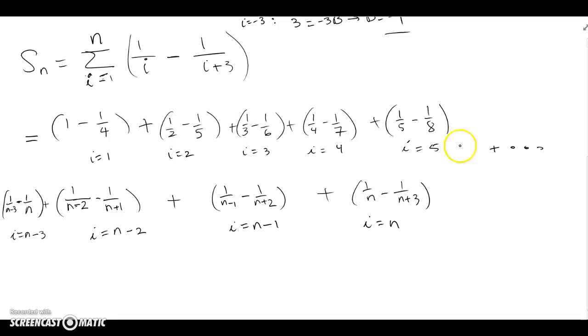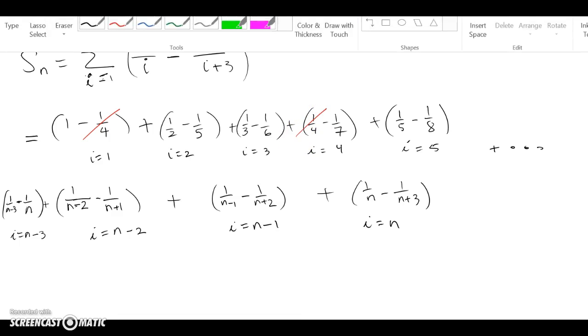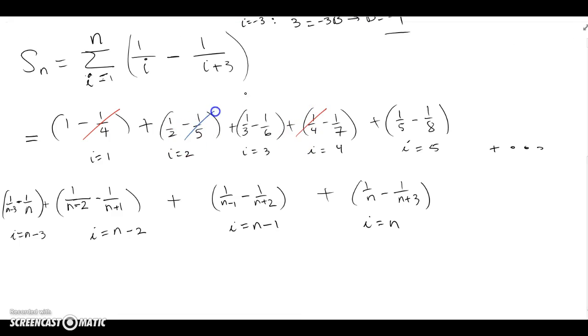So if I'm looking at what's canceling, it looks like this guy goes away with that guy, and this guy goes away with that guy, and I have nothing else here with the numbers that I can see. As far as the n's are concerned, I've gone back enough to see that this will also cancel with this.